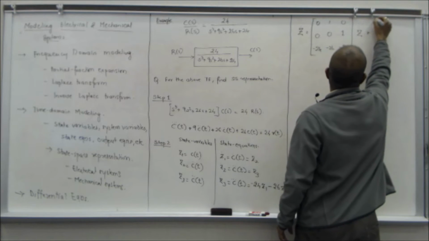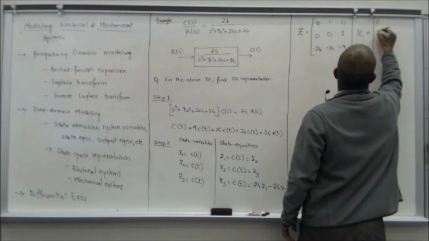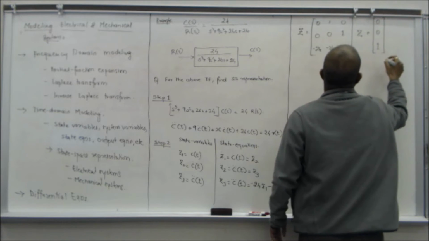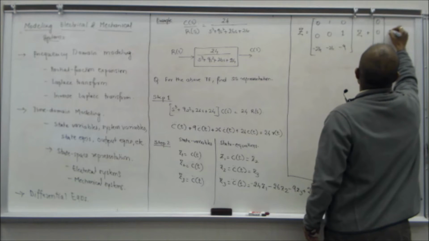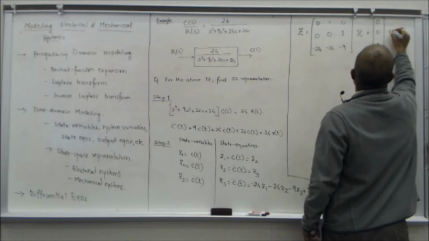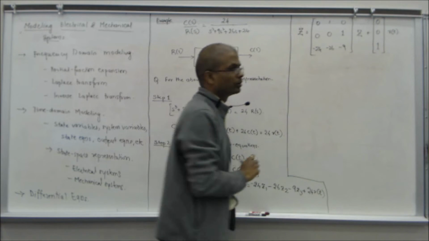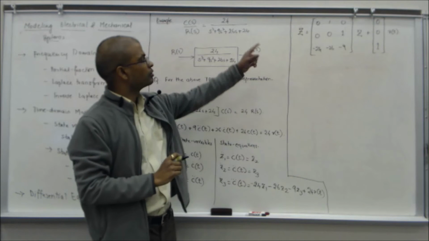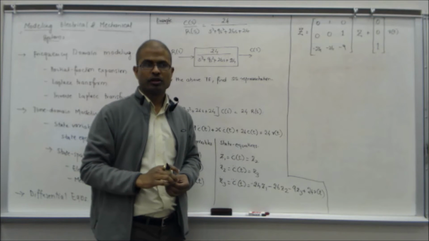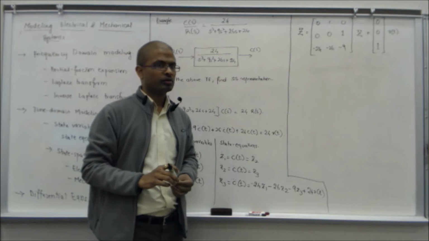plus 0, 0, 1, R of t. Okay. So you see this, what that Z is, that cap Z, the decorated Z, it is just a state vector.